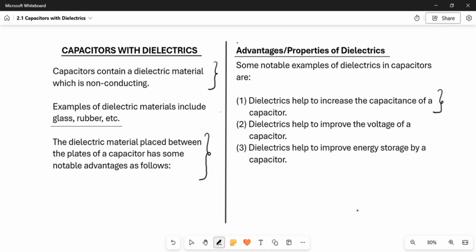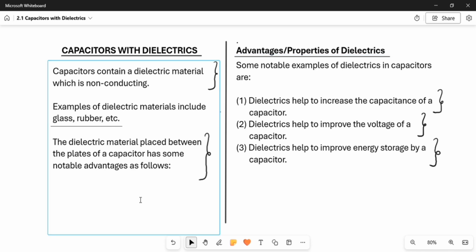Also, the dielectric material can help to improve the voltage of the capacitor, and it also helps in improving energy storage by a capacitor. So these are some of the notable advantages of dielectrics in capacitors. Let's move on.